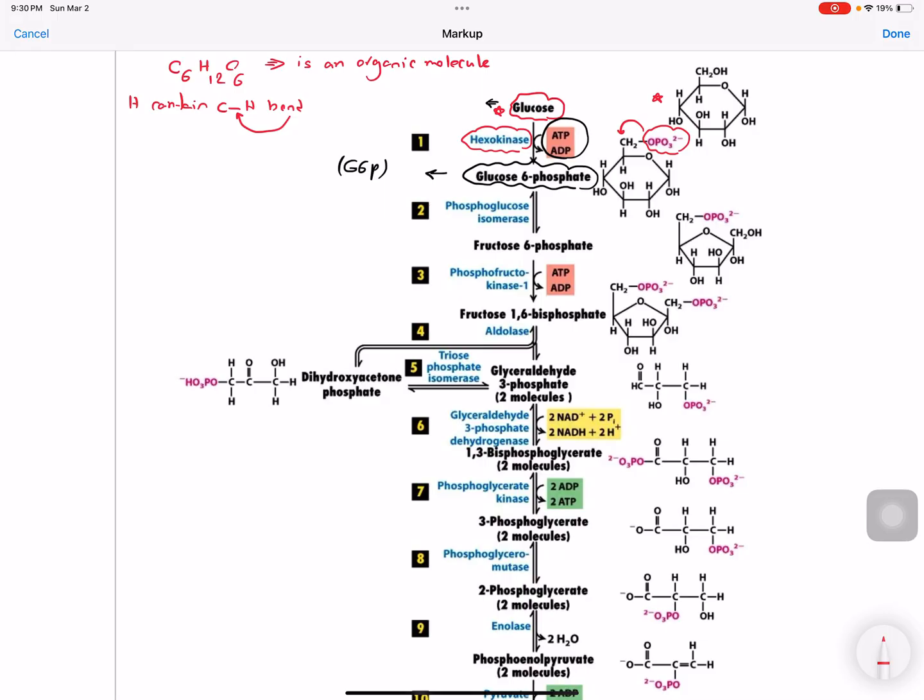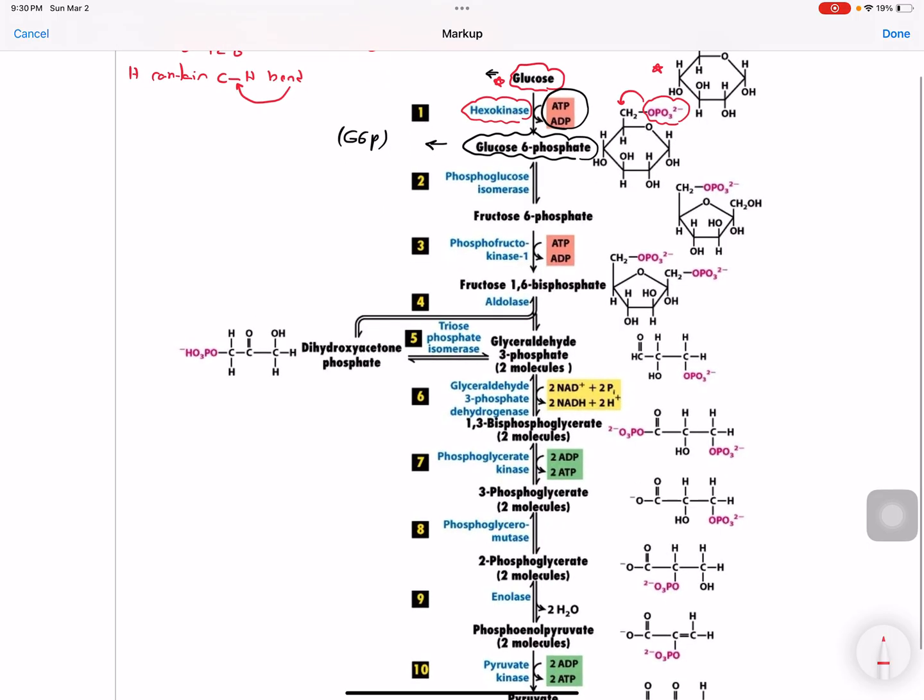This prevents glucose from leaving the cell. So, glucose enters the cell and is phosphorylated to prevent glucose from leaving the cell.